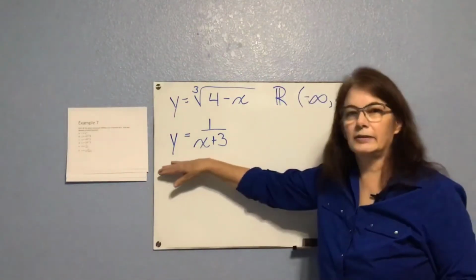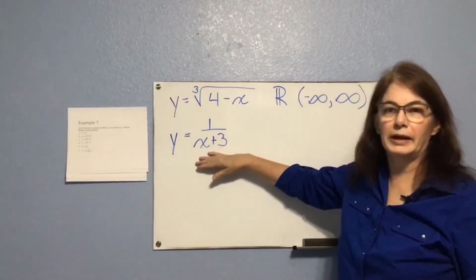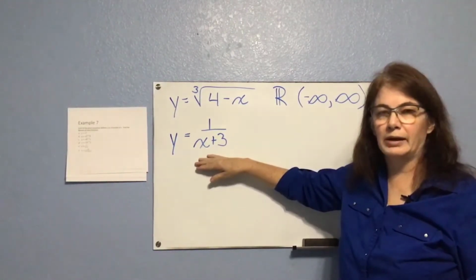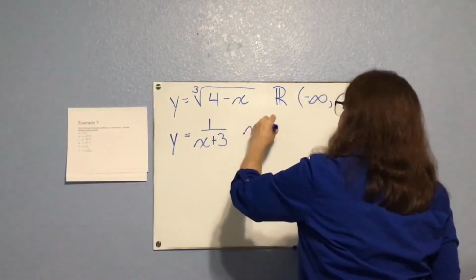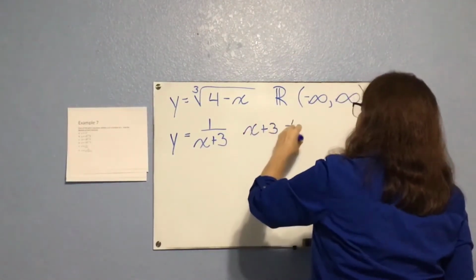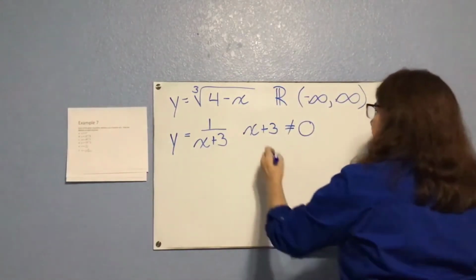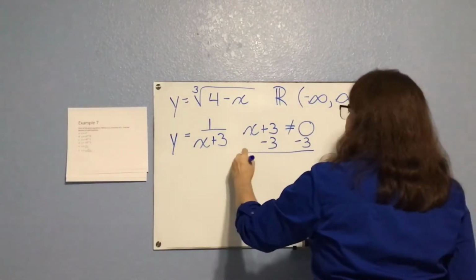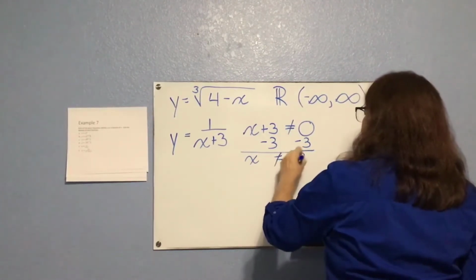Okay, in this function, my main concern is that I cannot let this denominator equal 0. So I'm going to write that denominator out separately. x plus 3 cannot equal 0. And then I can work this just like an equation. And I get x cannot be negative 3.